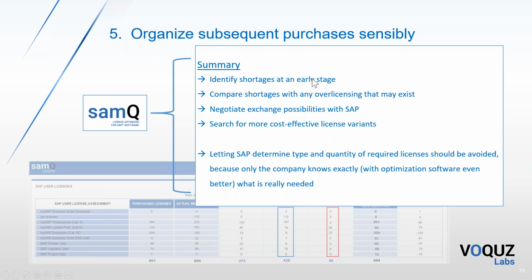Identify shortages early, compare your shortages with the licenses out of use, negotiate with SAP if there are possibilities for exchange, and search for the most cost-effective license variants. Also, something that happens here very often, SAP changes the metrics. Sometimes the new metric could be to your advantage and sometimes to your disadvantage. When you have licensed to a metric from the past, you have contracted, this is written in your contract.